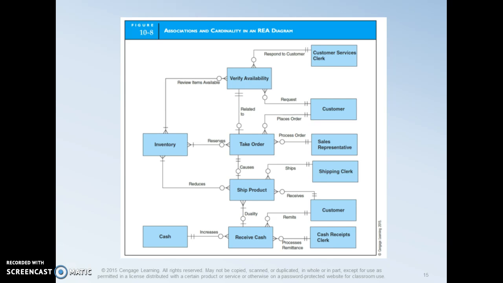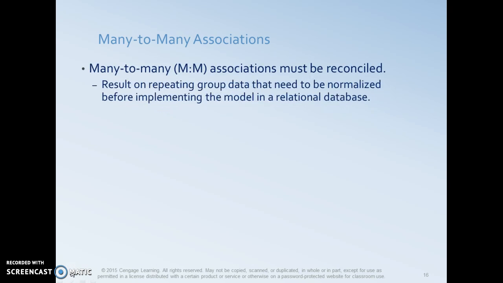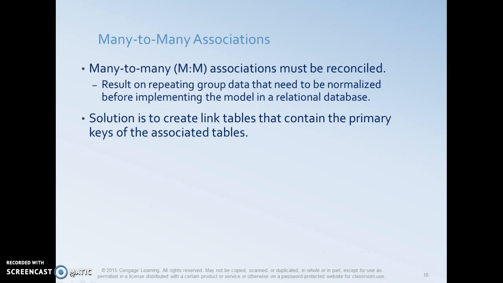Discussing more about cardinality in the REA diagram. Many-to-many associations must be reconciled. That's still talking about cardinality and the relationship between the two entities.